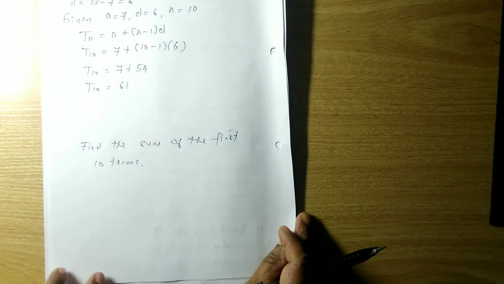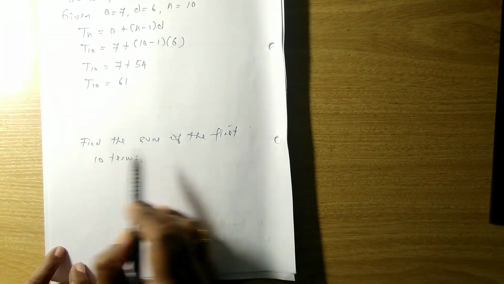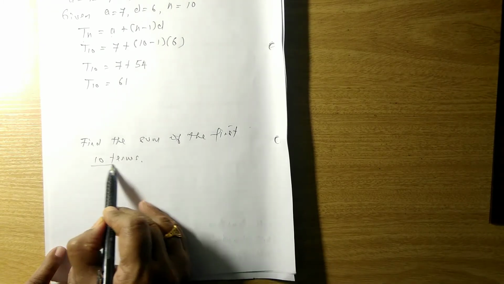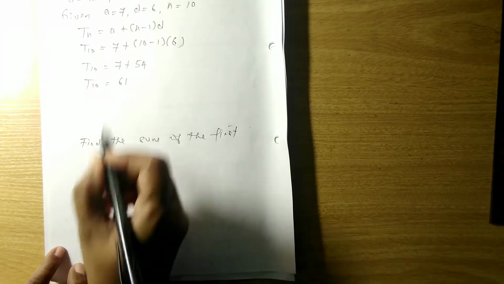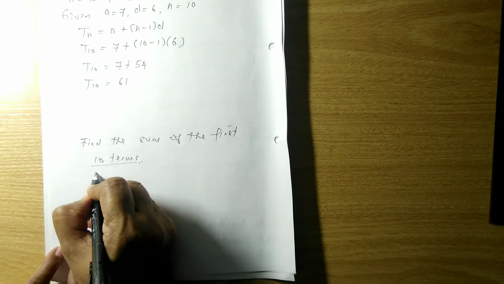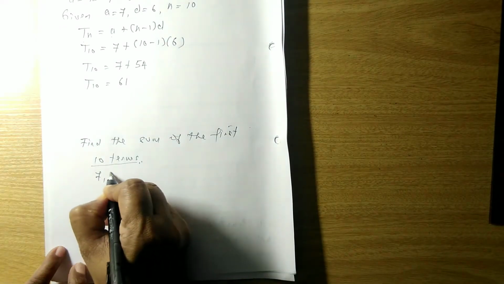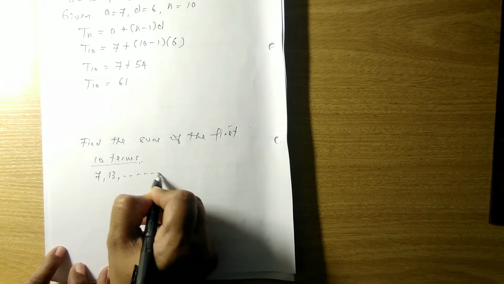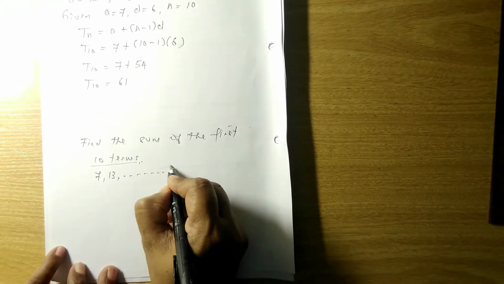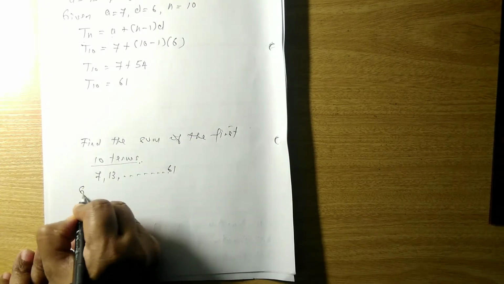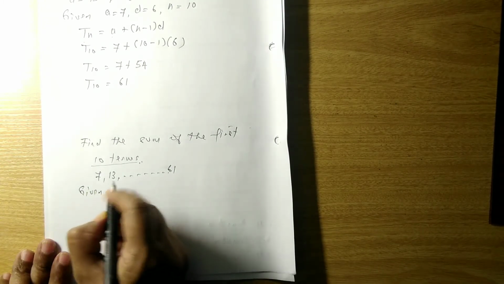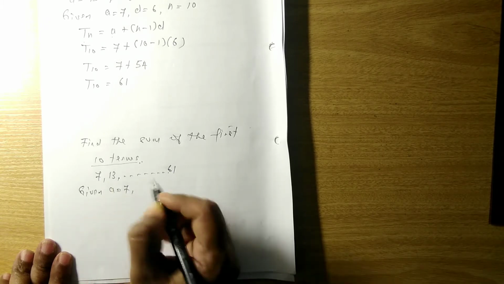Okay, so now my next question would be, find the sum of the first 10 terms. Meaning, for this progression, I'm using the same example. We start with 7, then 13, all the way up to 61. 61 is my last term. So now what is given to me is a is still 7.